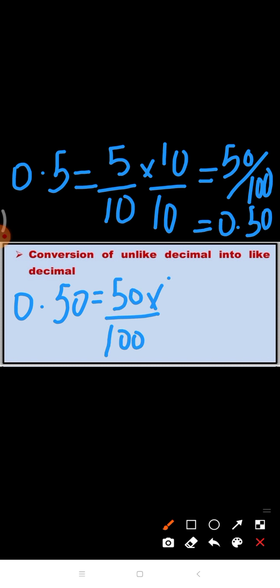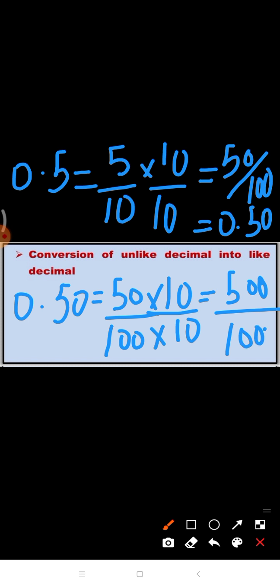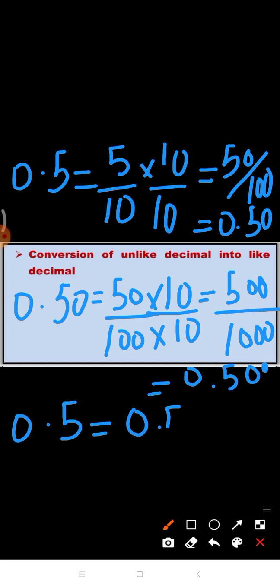Now similarly, we know that 0.50 is equal to 50 upon 100. Now multiplying it with 10, which is equal to 500 upon 1000, which is equal to 0.500. So therefore students, 0.5 is equal to 0.50.